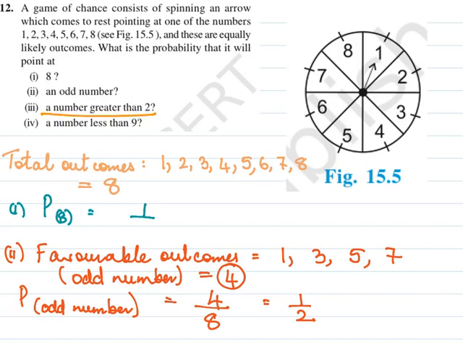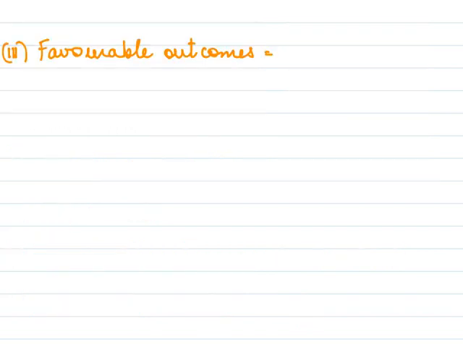Next is the probability of getting greater than 2. So greater than 2 means 2 is not included. Greater than 2 will be 3, 4, 5, 6, 7, 8. So the favorable outcomes, as we said, are greater than 2. That is 3, 4, 5, 6, 7, 8.